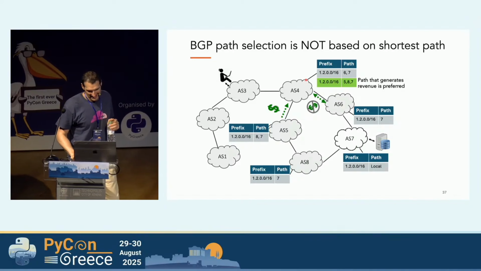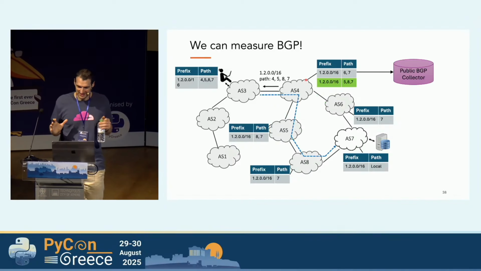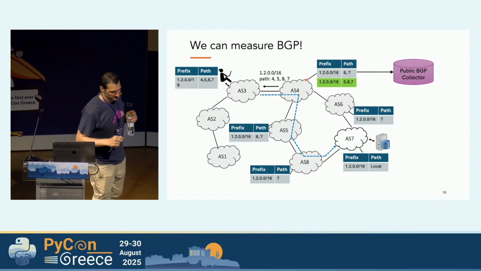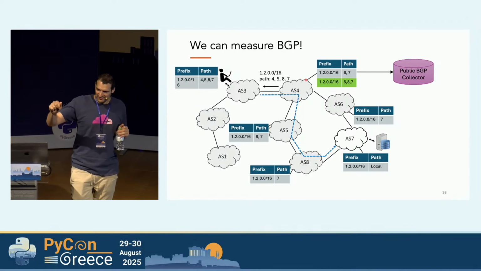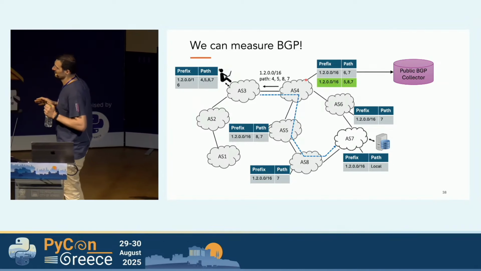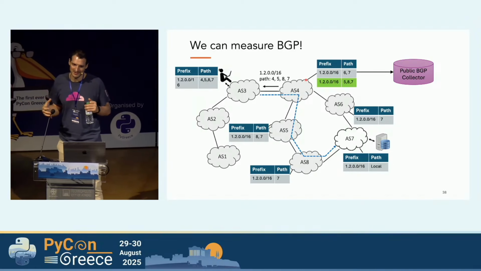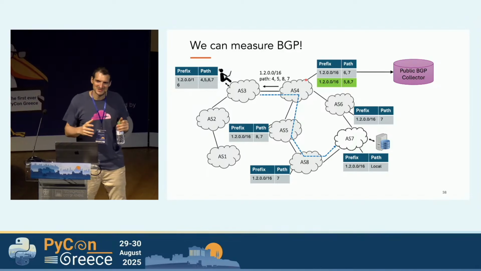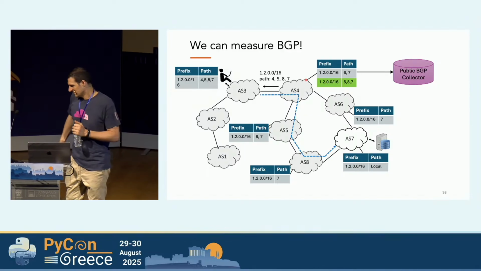And fortunately, we are also able to measure BGP because autonomous systems give routing tables to some public BGP collectors with the purpose of making it easier to debug routes. So when the internet started, everybody figured out that BGP is so complex that they create a policy.